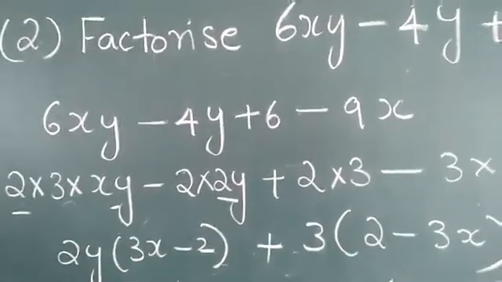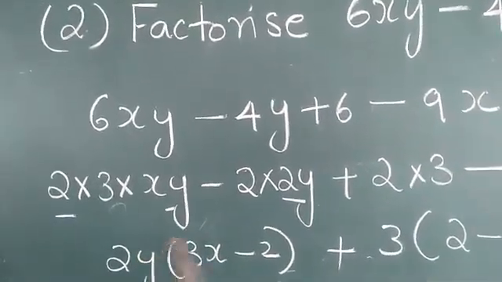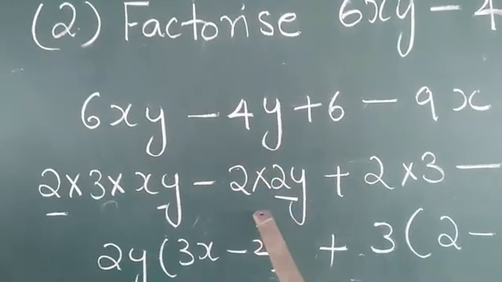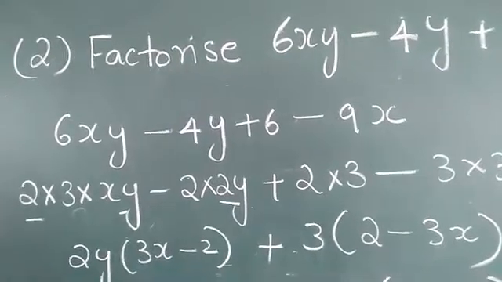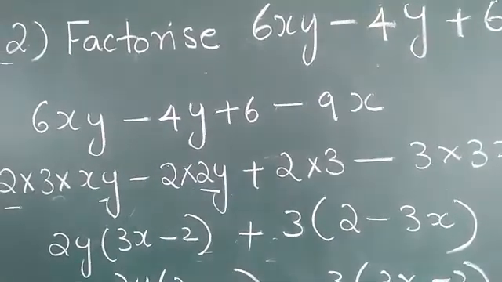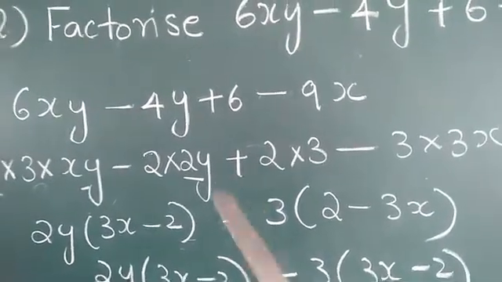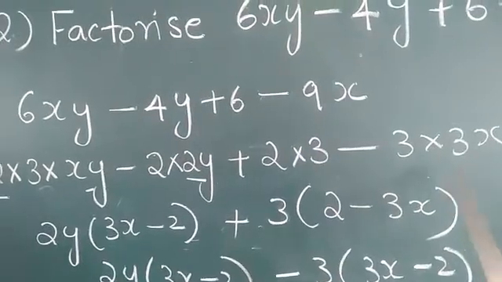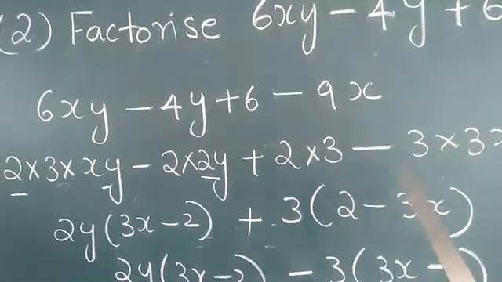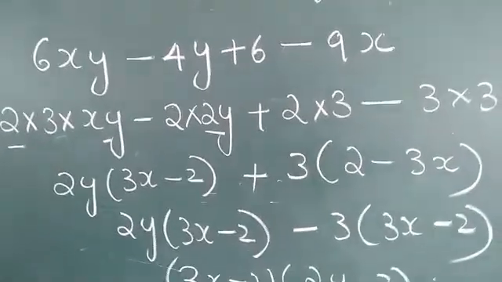We have to split and write like this. 6 can be written as 2 into 3. 4 can be written as 2 into 2. So it can be rewritten as 2 into 3 into xy minus 2 into 2y plus 6 can be written as 2 into 3, minus 3 into 3x. 9x can be written as minus 3 into 3x.